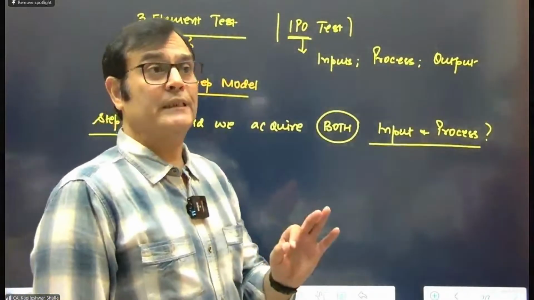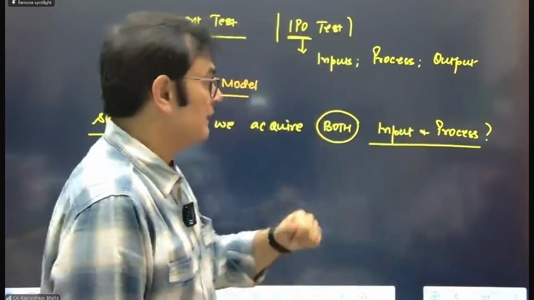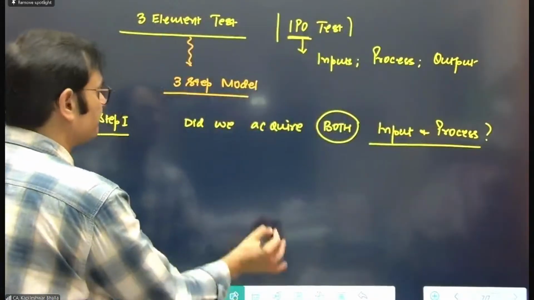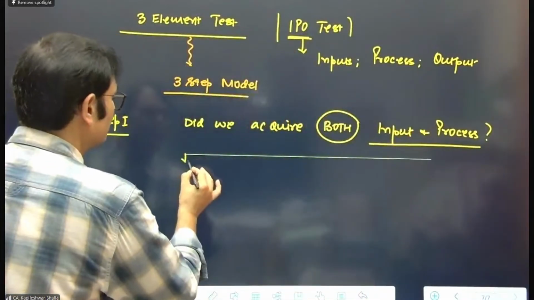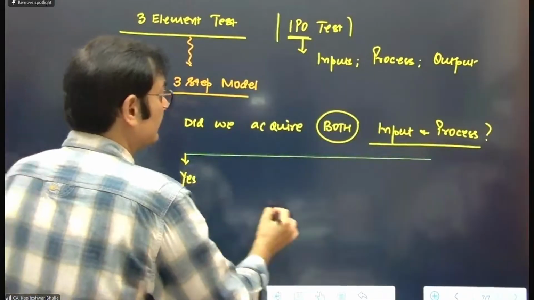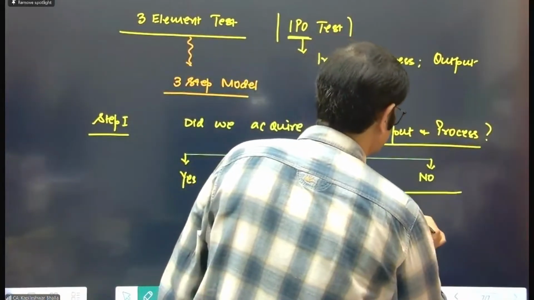We need to focus only on the input and the process. So if you say yes, we'll go to step number two. And if you say no, then we can say in this particular case, it is not a business.